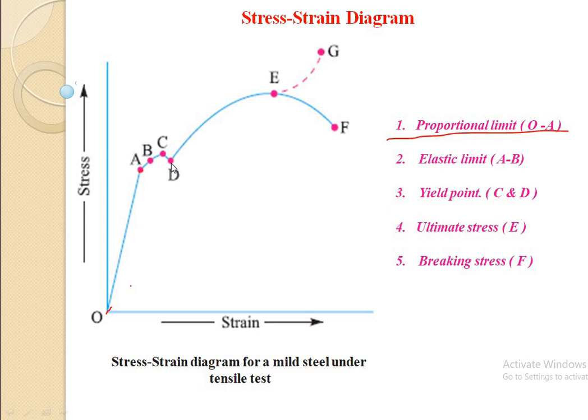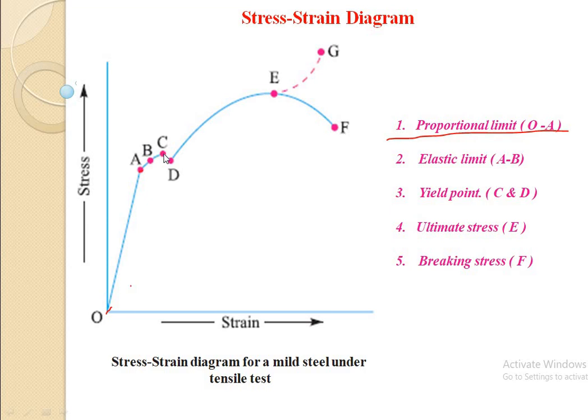Hence, there are two yield points, C and D, called the upper and lower yield points. The stress corresponding to the yield point is known as the yield point stress. For ductile material, yield point stress is the design criteria.